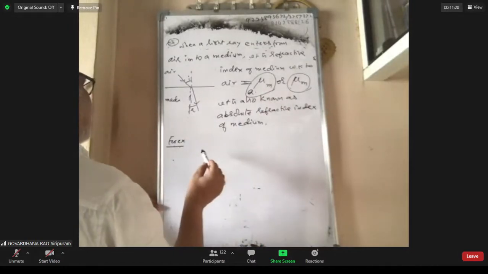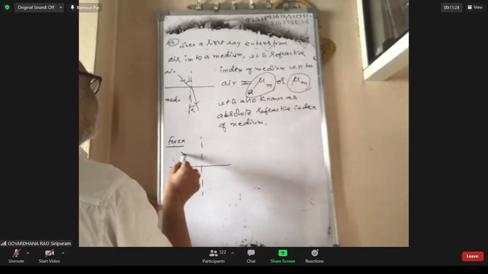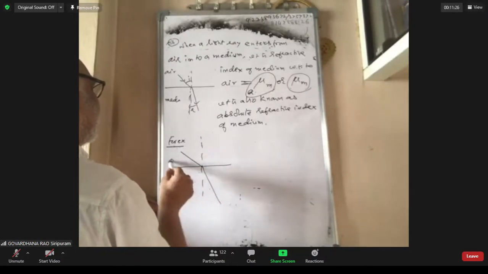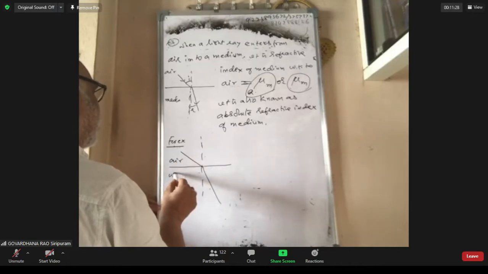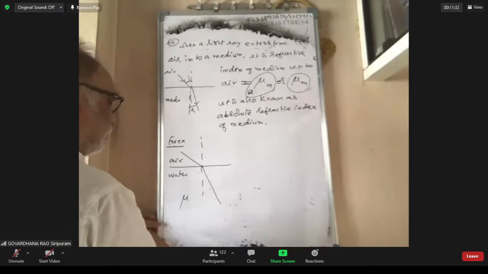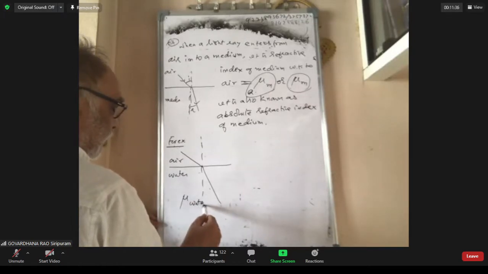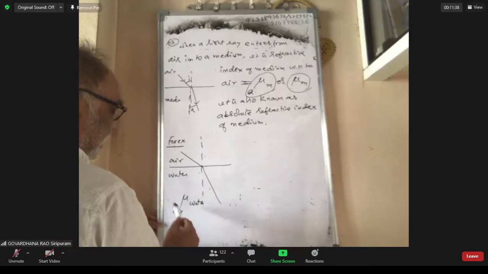For example, rays coming from air into water. What is this called? Refractive index of water with respect to air.